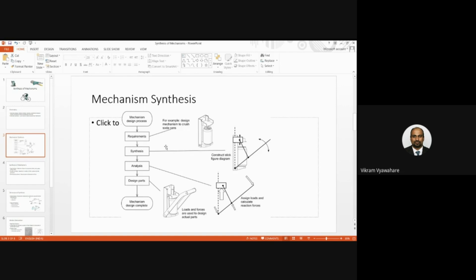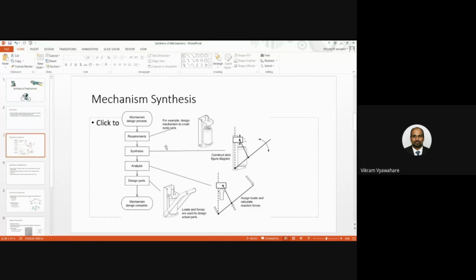Then based on that, you may have to select what kind of mechanism you want to use, what kind of system will be useful. So that is the synthesis problem, right? What is the mechanism and what are the link dimensions, that comes under synthesis.